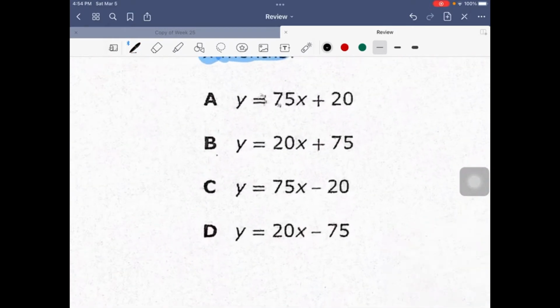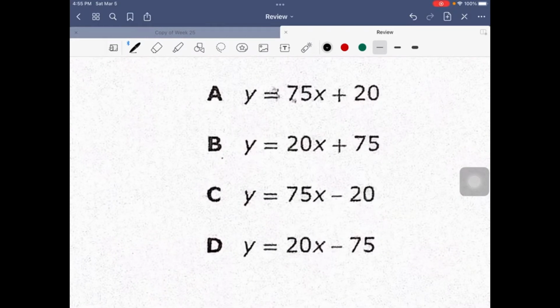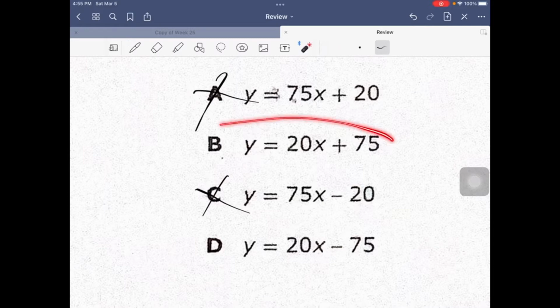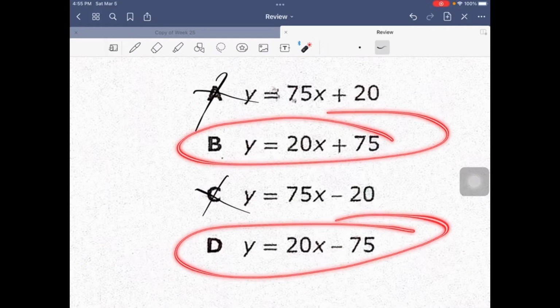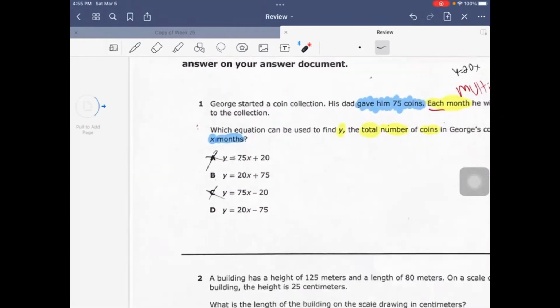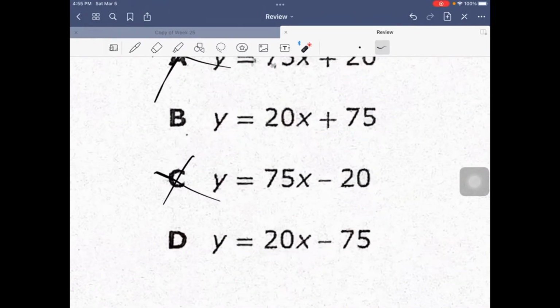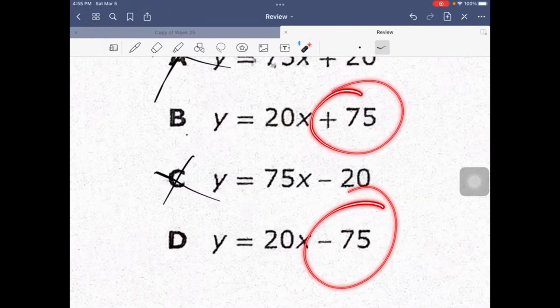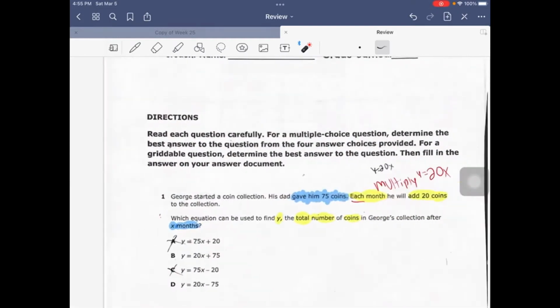Which one of them can I eliminate right away? La A y la C. It might be B, might be D. We don't know. In one of them, we're adding 75, and in one of them we're subtracting 75.